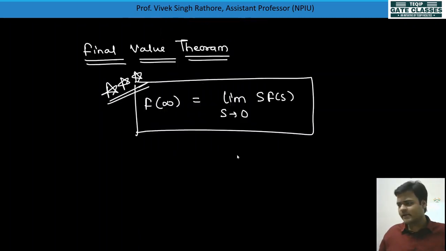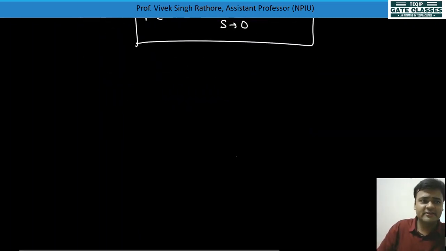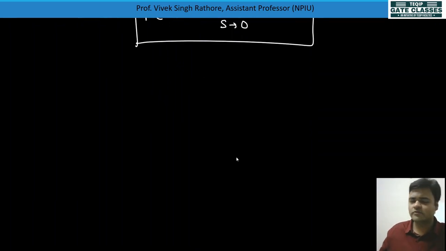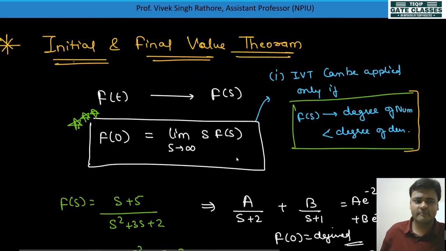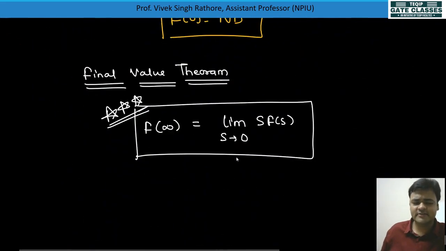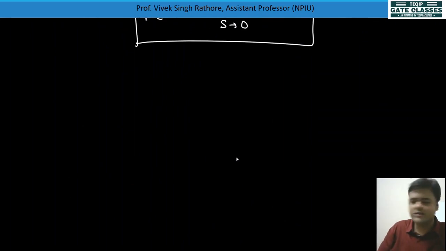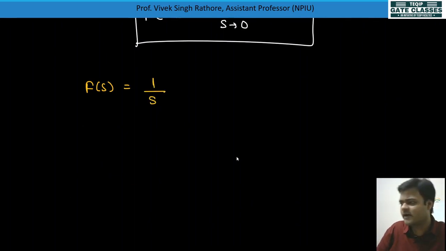Now we'll see some examples. Like in the initial value theorem, there are some conditions under which the final value theorem can be applied. First, let's suppose F of s is 1 by s.